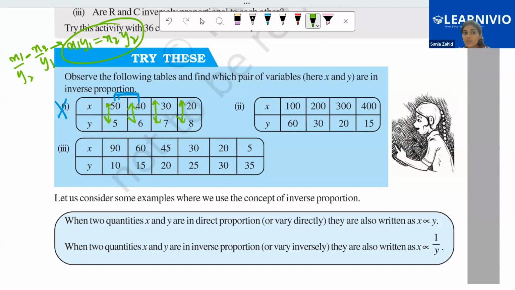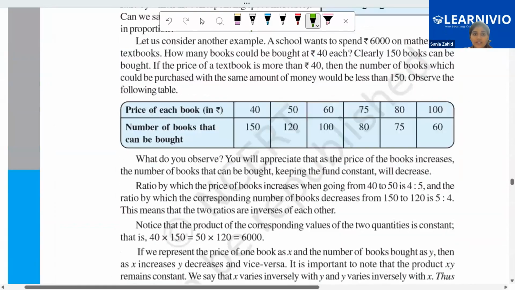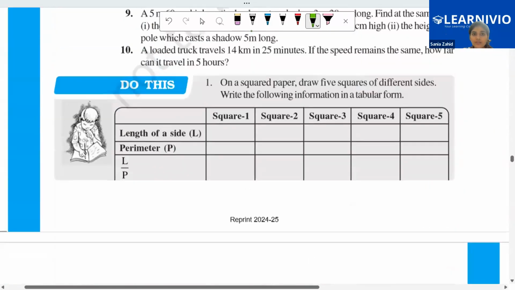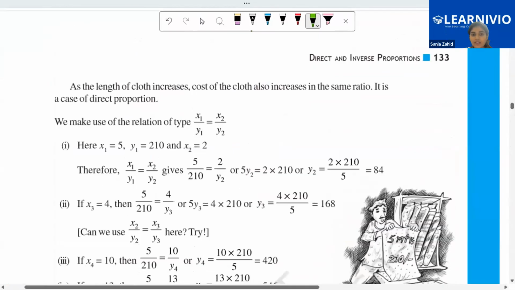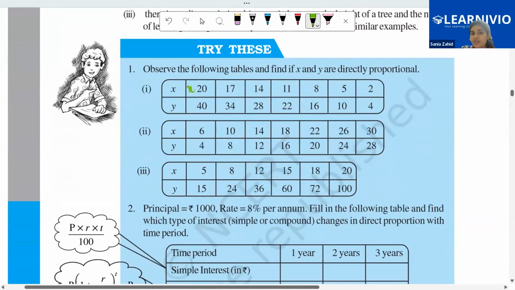To check for direct proportions, on dividing x and y, you should get the same answer. You remember? Like this question right here, this is x1, this is y1. If I divide 20 by 40, what do I get? I get 1 by 2. 17 by 34, I get 1 by 2.